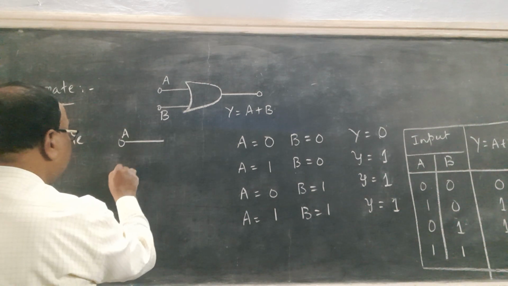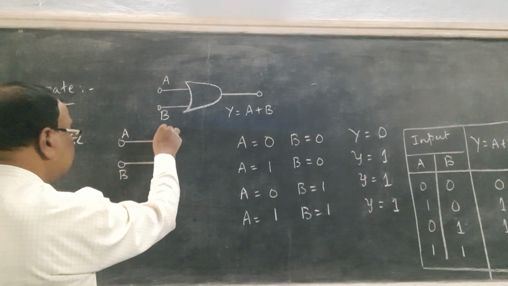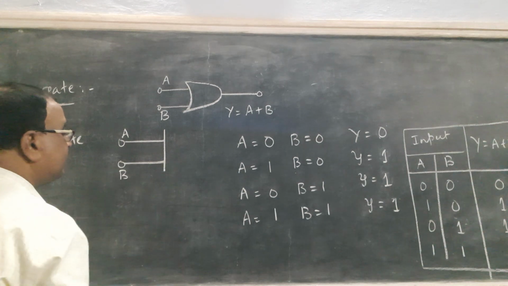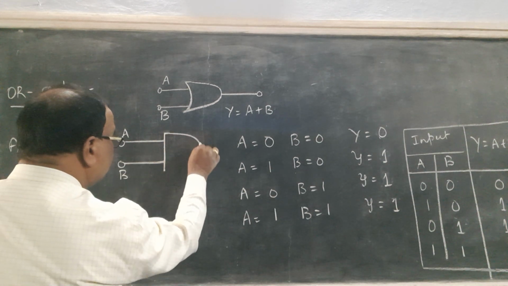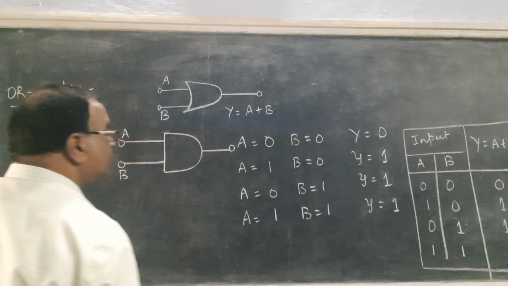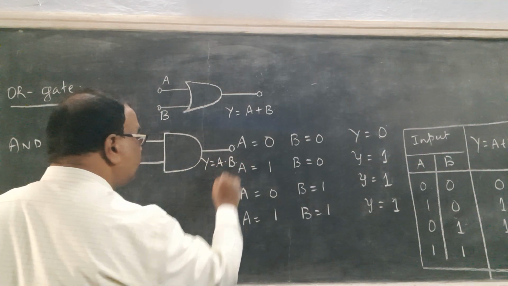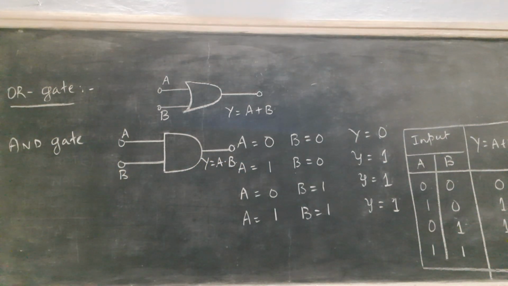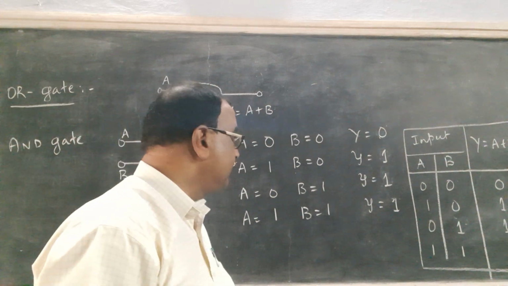So input A and B, we are writing the straight line here, right? And in the output part, you know that Y is equal to A dot B, right? So it performs the multiplication operation.